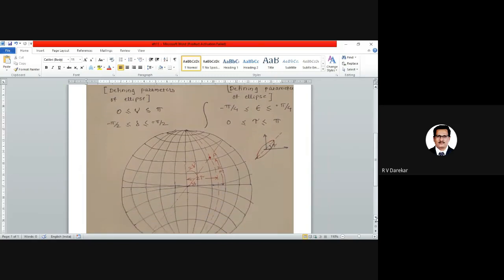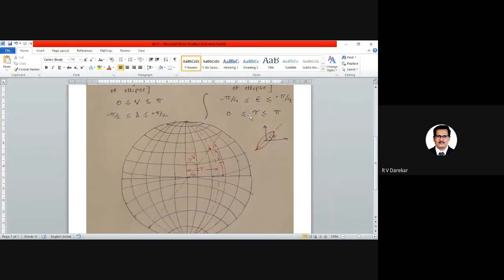We can see that the range of tau will start from 0 to pi, and 2 tau will cover the whole 360-degree value of the sphere. That is, a particular electromagnetic wave is to be represented on the sphere. What I will do, I will have to calculate the value of this tau.